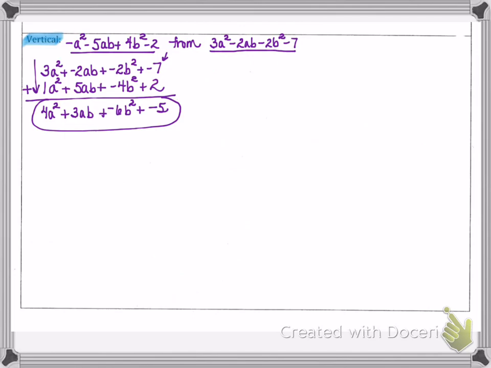So you probably have a preference, and I will say that most students probably enjoy doing it vertically best because they don't have to rearrange the order, which at times can lead to forgetting a term, which is a little confusing.